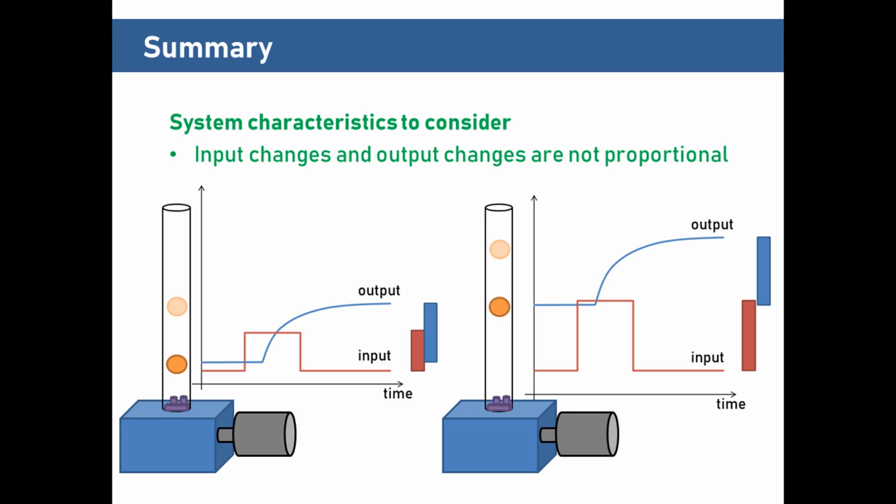We've covered a lot of material in this video, and hopefully this has given you some ideas on how to model systems with nonlinear properties in Conjecture. We looked at two characteristics of our air pump system that we needed to consider. Firstly, when the input changes and output changes are not proportional.